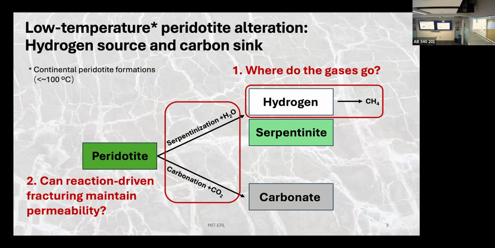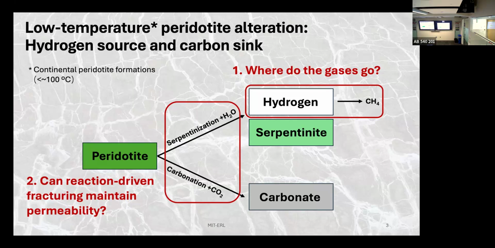That leads to a second question: can the reactions stay active even with the production of these minerals? That would potentially require fracturing of the rock. Both the carbonates and the serpentines have lower density and higher volumes, by somewhere from 30% to 50%, than the peridotite.